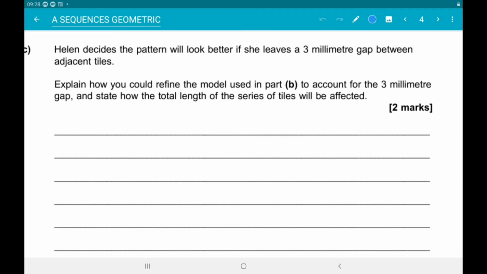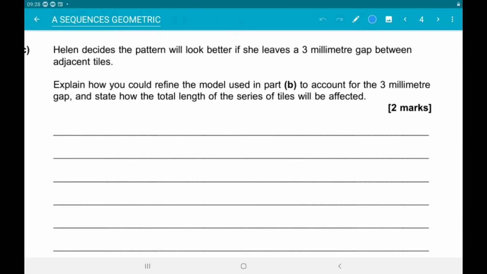Alright, so after the first tile, she's going to need a 3mm gap for each additional tile. So we could say for n tiles, she needs to add n minus 1 lots of 3mm to the sum for the length.